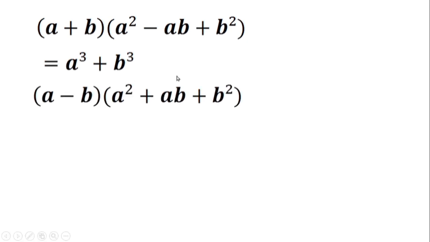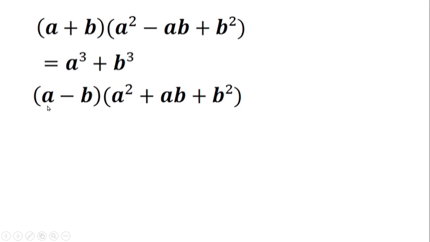And the difference of two cubes is in the form a minus b times a squared plus ab plus b squared. So take note that this is minus a minus b, and the middle term for the trinomial factor is plus, and this is the product of a and b. So this is not twice the product.